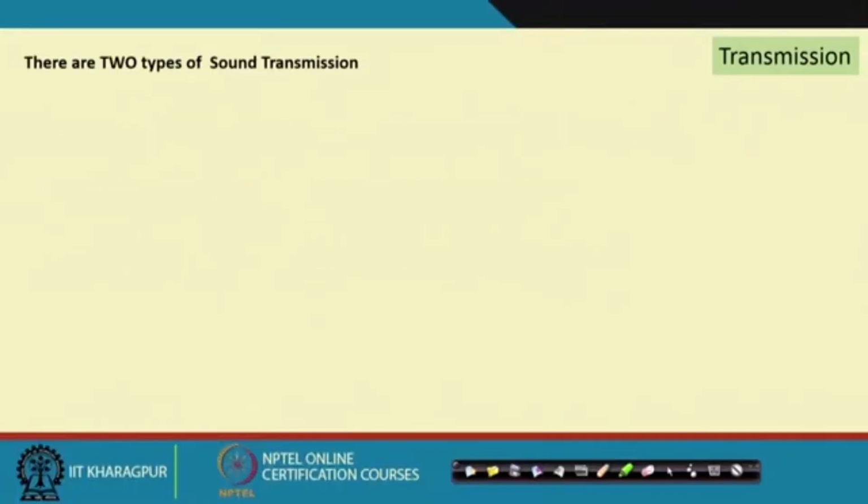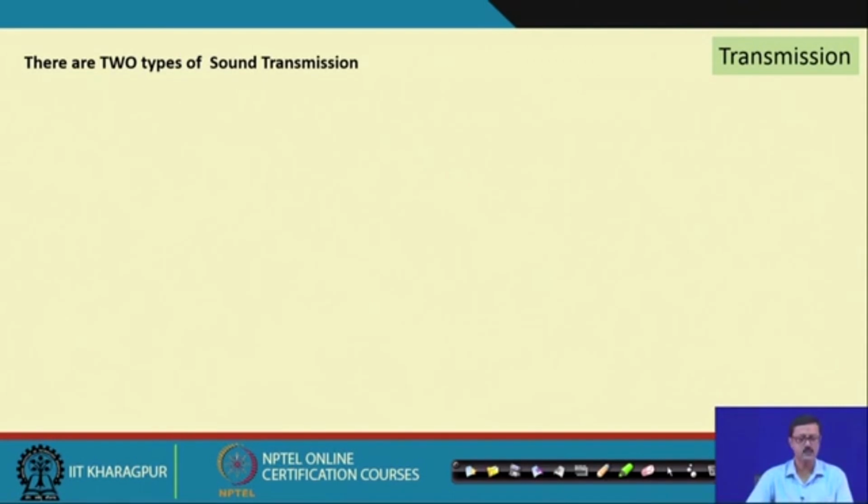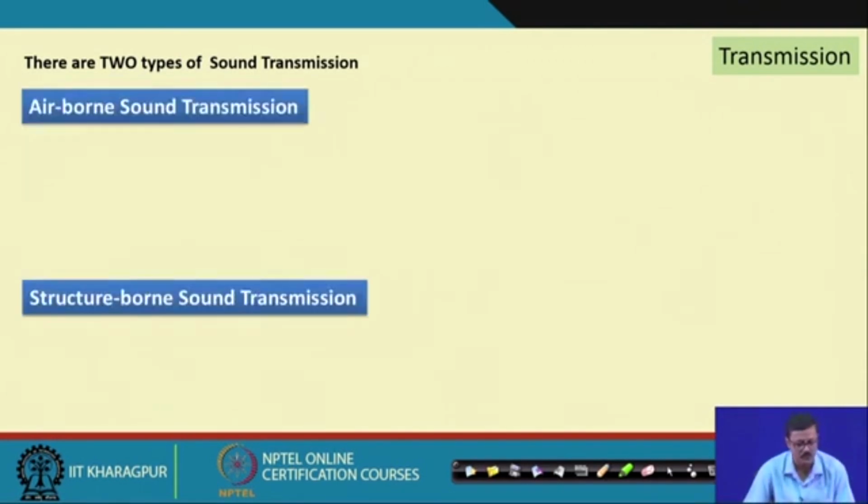The fourth thing we have discussed as part of the behavior of sound in the interior is transmission. And there are two types of transmission: one is called airborne sound transmission and the other is called structure borne sound transmission.